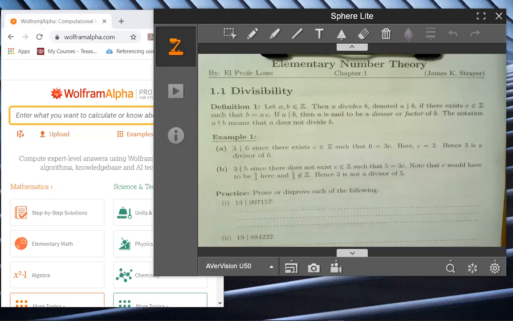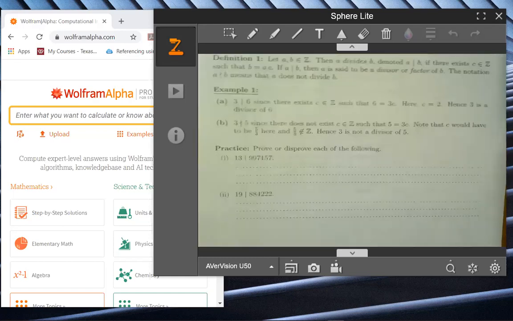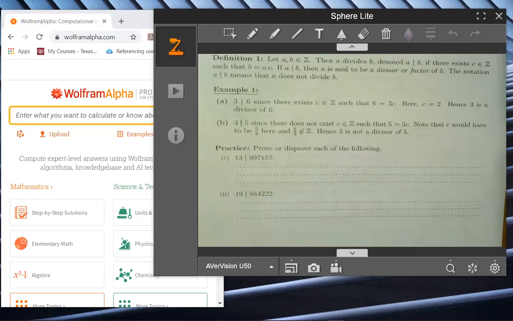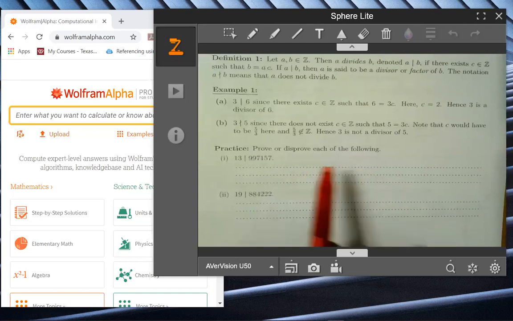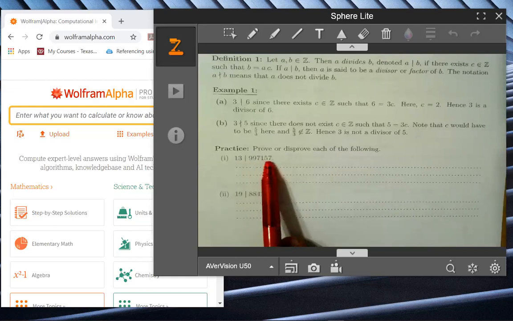Then, for our practice, how would we prove or disprove each of the following? We want to prove or disprove 13 dividing 997,157, or 19 dividing 884,222.